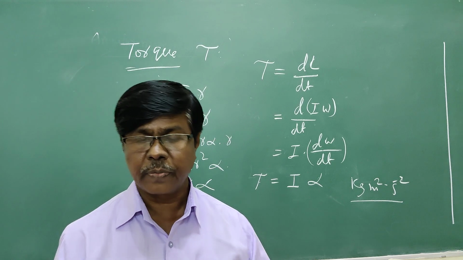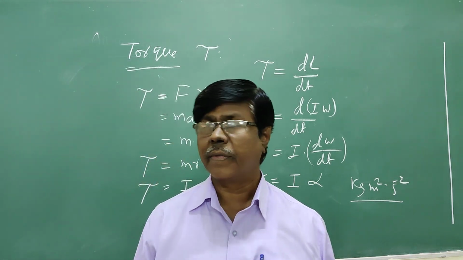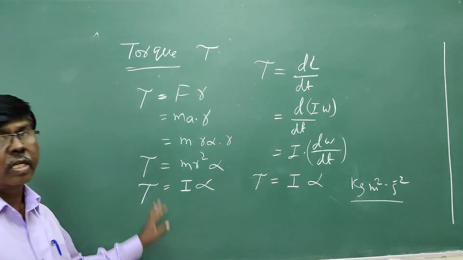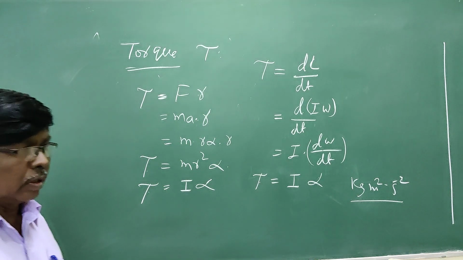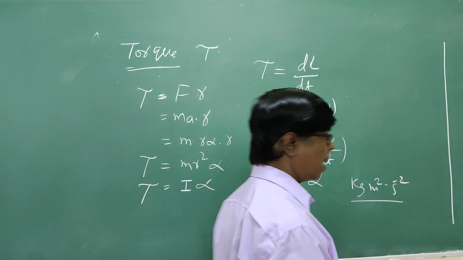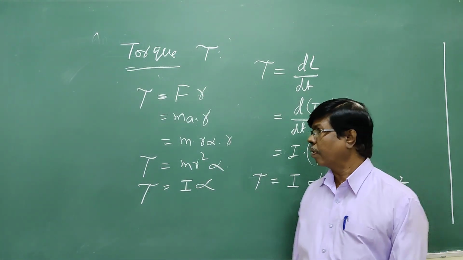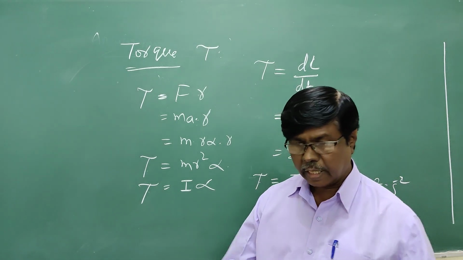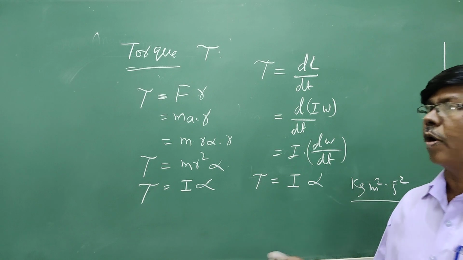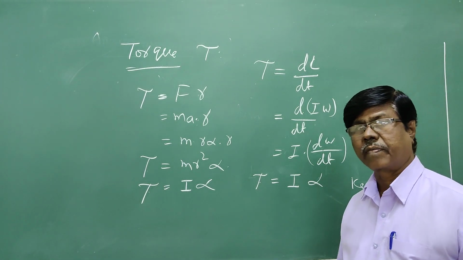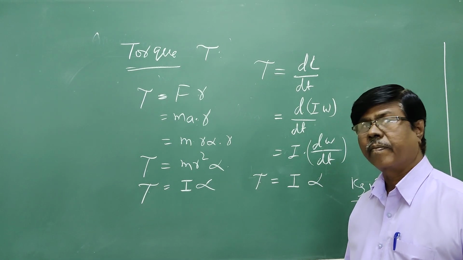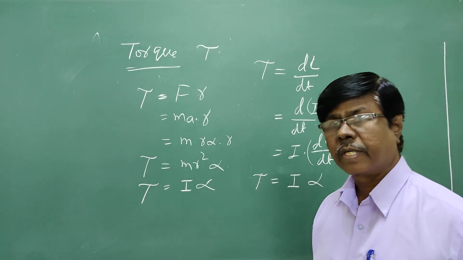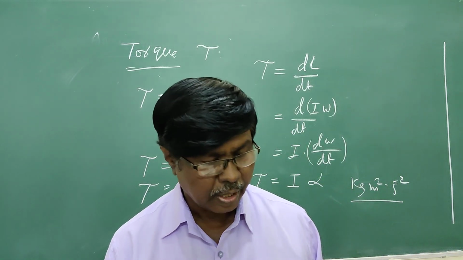These are the two definitions of angular momentum as well as torque. If you know these basic things, moment of inertia, radius of gyration, angular momentum and torque, then we study one by one. Consider particles or a body of any shape or size; the moment of inertia of the body can be calculated one by one.